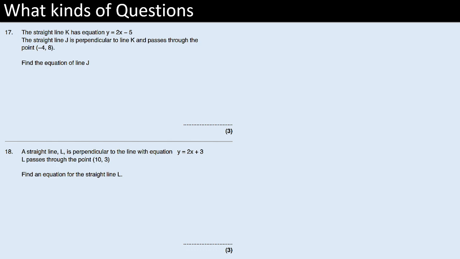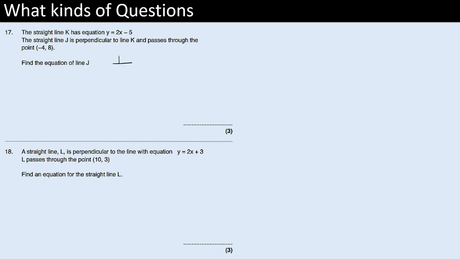Okay, so hopefully you've had a go at that first question, question 17. We've been told that a straight line K has an equation y equals 2x minus 5. And that the straight line J is perpendicular to line K and passes through the point negative 4, 8. We want to find the equation of the perpendicular line.